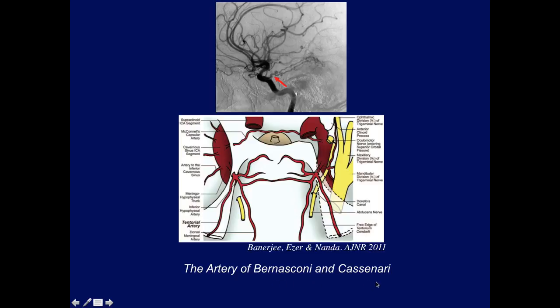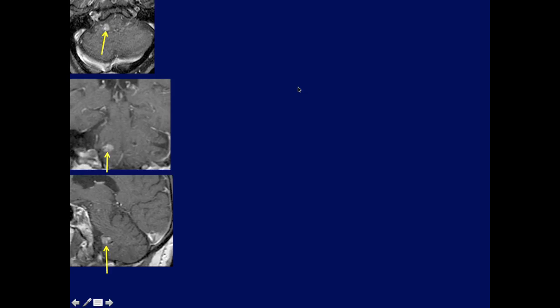And for years, we all had to remember this very musical name, Bernasconi and Casanari, still being used, who first described this tentorial artery on angiograms. But we can see, well, I'm sure we will see it on an MR also. Okay, what am I showing here?